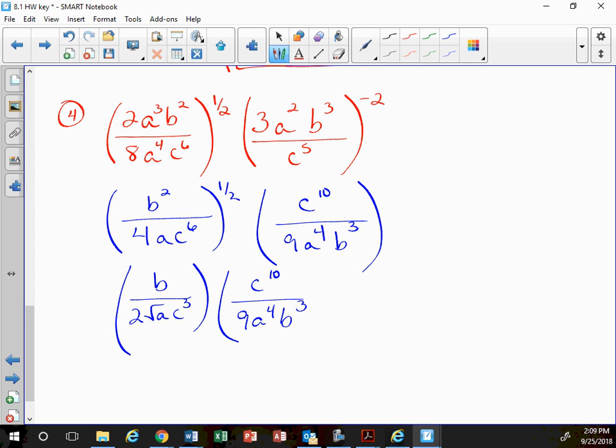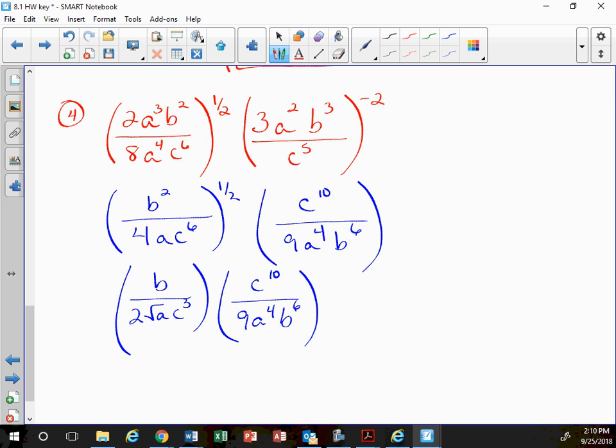Keep me honest here. So you square root everything before you multiply. Yes, because you can't multiply them and then square root it, since they aren't both under square roots. If I have 3 times root 2, that's not root 6, right? Okay.